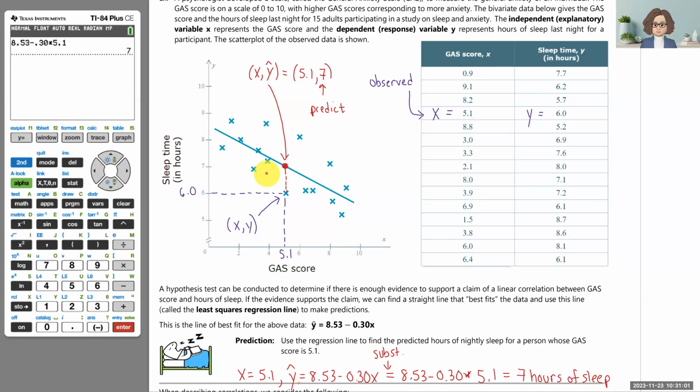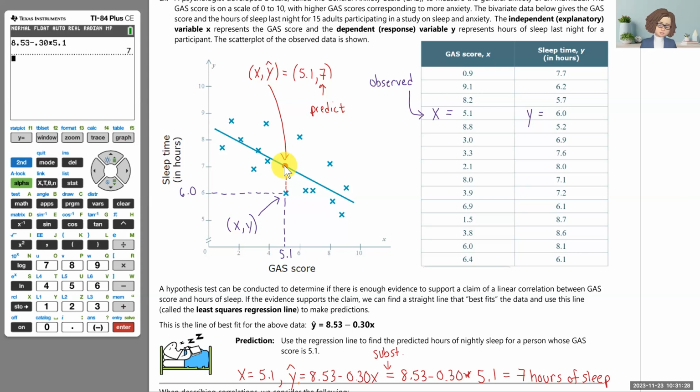All right, so there can be certainly other factors that come into play when it comes to how much sleep you get other than anxiety. So this particular participant, they actually only got 6 hours of sleep, where we just decided here that on average, I would predict people to get 7 hours of sleep. So there's going to be other variables that affect sleep other than anxiety.